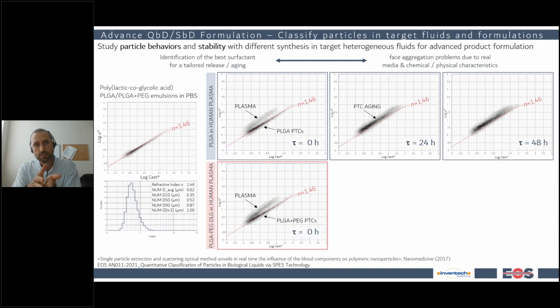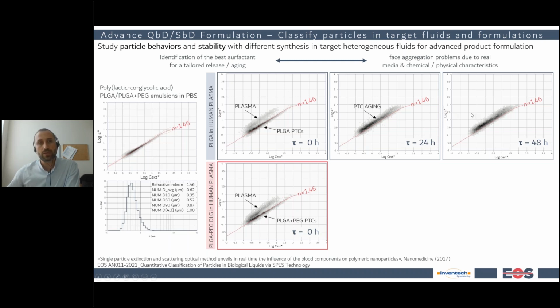But thanks to the optical properties, we are able to observe that the particles are no longer stable, so they change. So in case of an API inside the particles, the API is released in the medium. So we are following the stability of the system, looking at the carriers and how the carriers behave directly in the fluids.